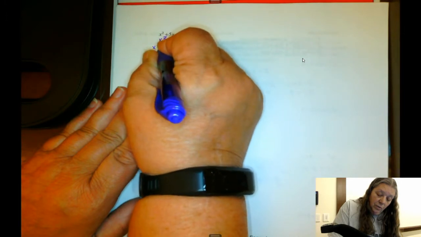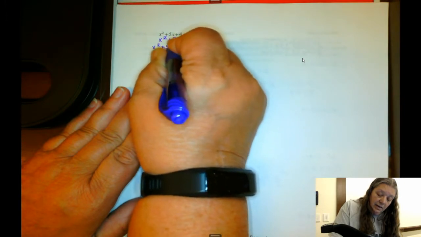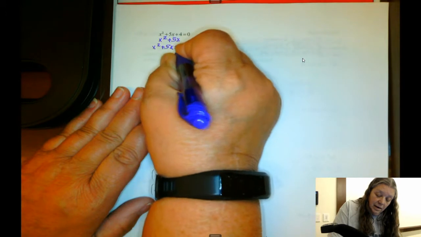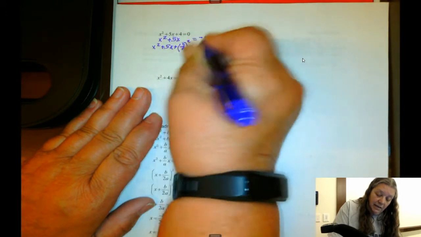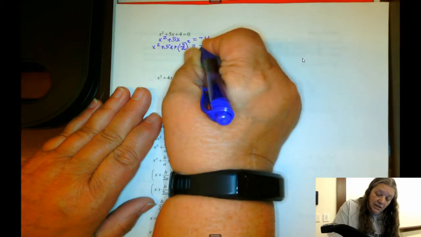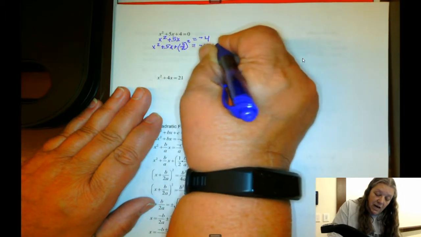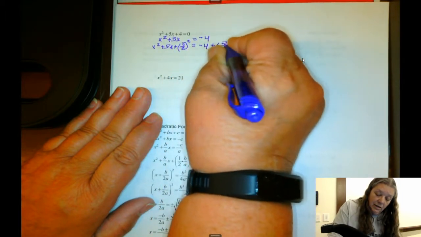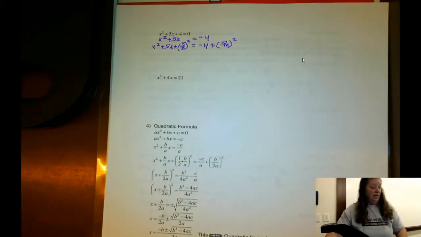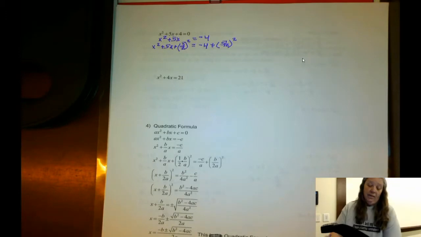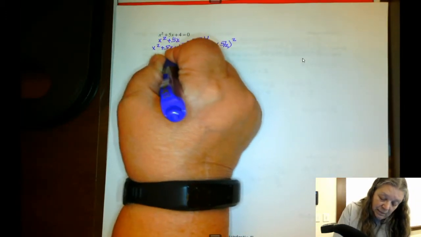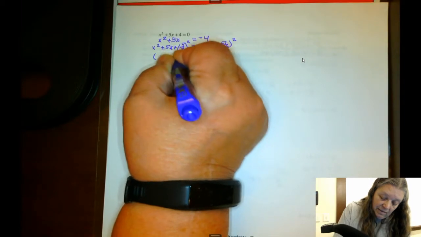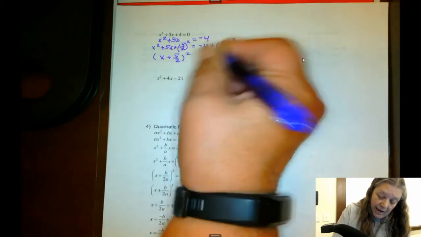So we need to take 5 over 2 and square it. And we need to add that to both sides. Now the left-hand side we're not really going to do anything else with, except factor it as x plus 5 over 2 squared.